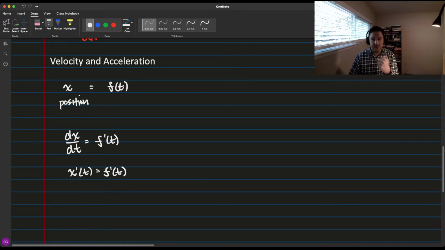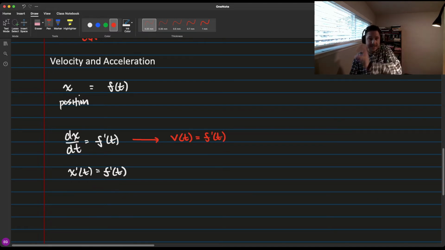So this is now a differential equation, and you can rewrite it. The derivative of position with respect to time is called velocity. So the velocity equals f prime of t. If you have a known velocity, it's a differential equation which you could solve to find the position function.